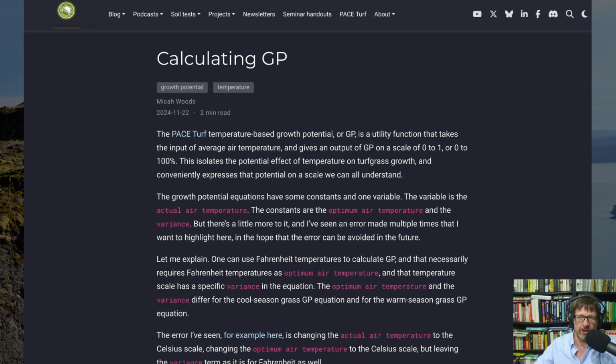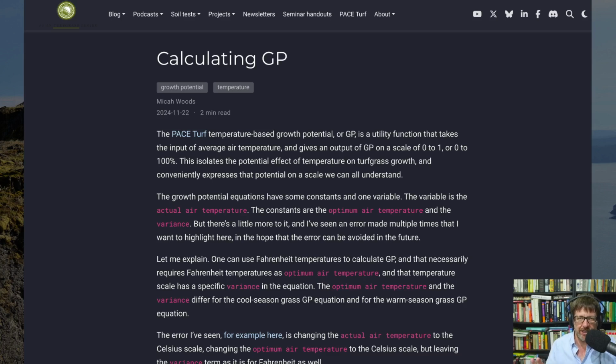The output of the function is the growth potential, on a scale of 0 to 1, or multiplied by 100, 0 to 100%. There are a few constants that go in the equation, and then there's just that one variable, the actual air temperature.